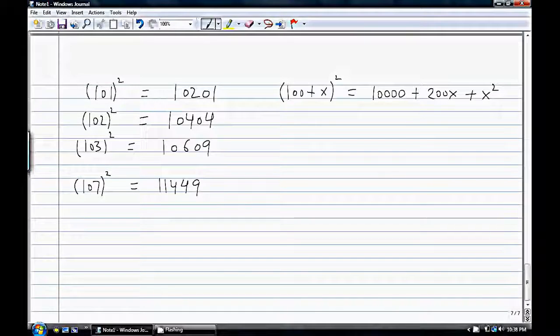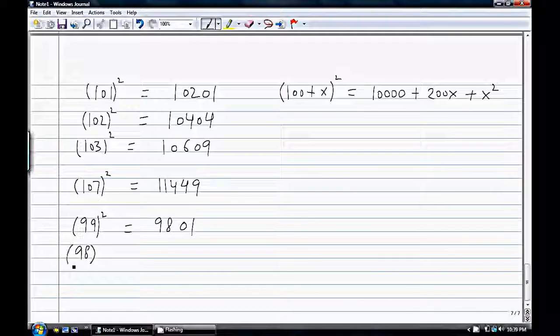So if I use the same formula to square the numbers which are below 100, then instead of writing x I have to use minus x. So suppose I am squaring 99, then 1 times 2 is 2, so I will subtract 2 from 100, that will be 98, and then take the square of 1, that is 9801.